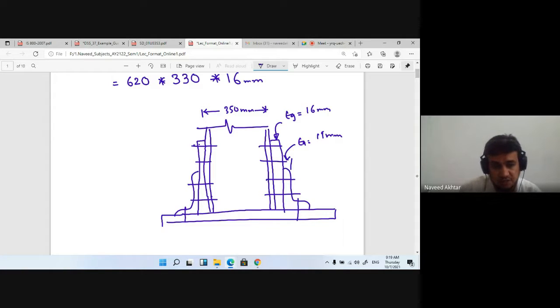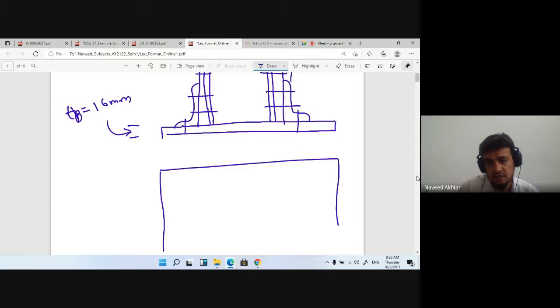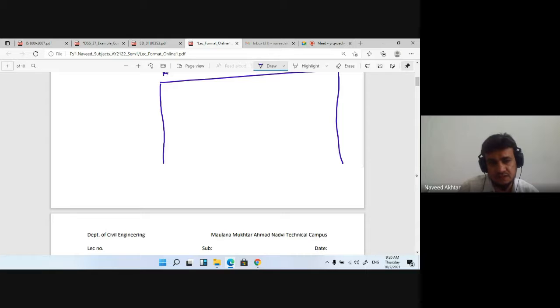This is the thickness of base plate we have calculated, 16 mm. And this is the length of plate, which we have also decided, 620 mm, and the breadth of plate we have calculated is 330 mm.